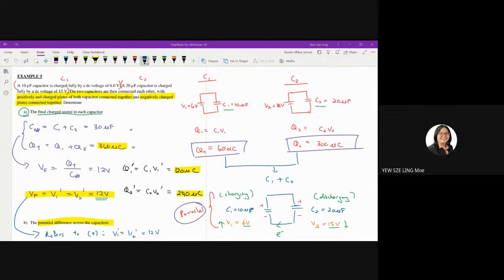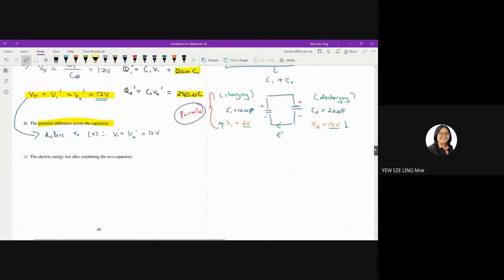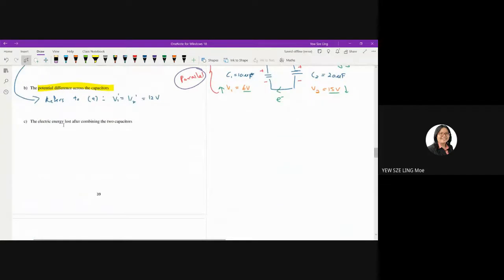All right. So now let us look at the next question. Okay, question C. Question C is asking for the electric energy loss after combining the two capacitors. Because like I told you yesterday, when you charge up a capacitor, there must be an energy loss, because you need work to add more electrons into the negative plate.